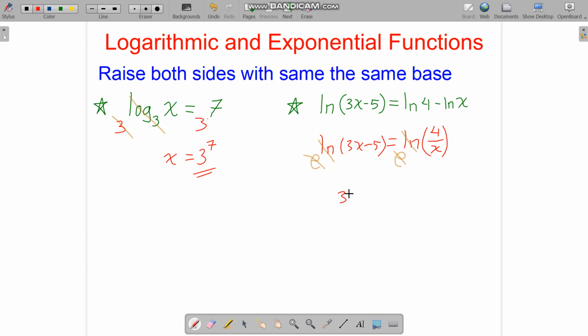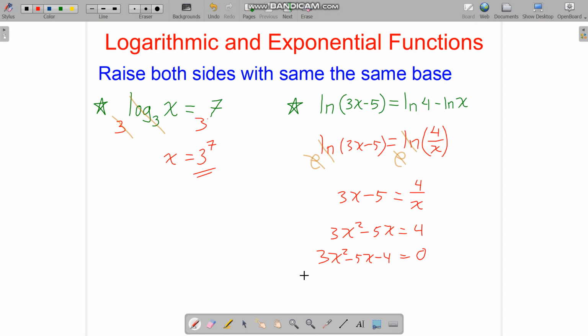We have only 3x minus 5 equals 4 over x. Of course, if you multiply both sides by x, we get 3x squared minus 5x minus 4 equals 0, which is a simple quadratic, and you can factorize this.